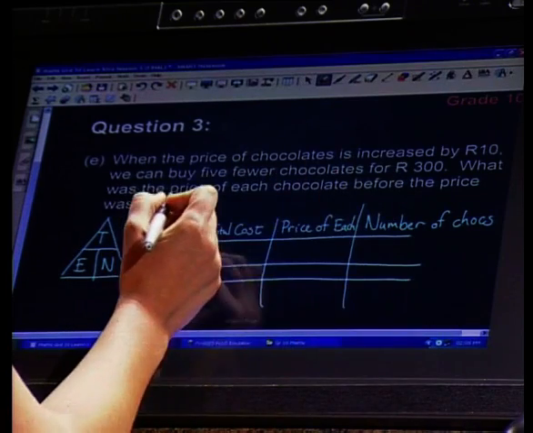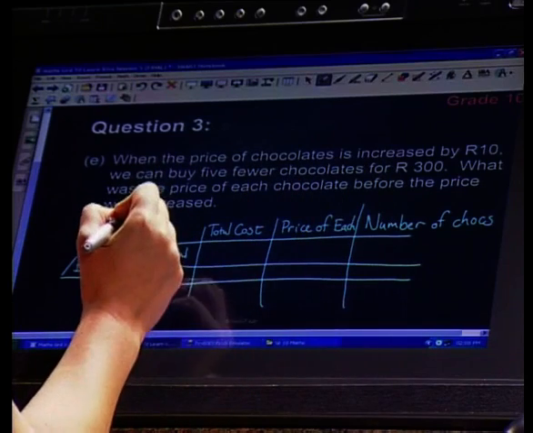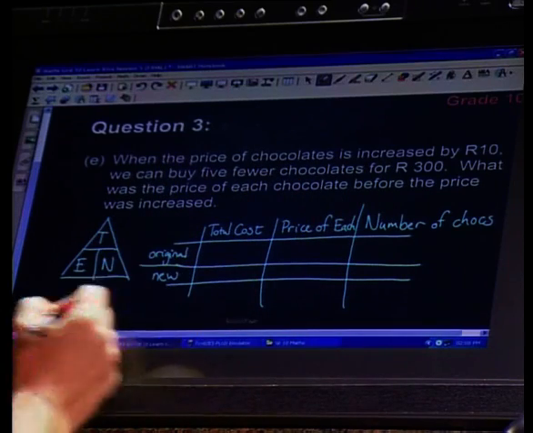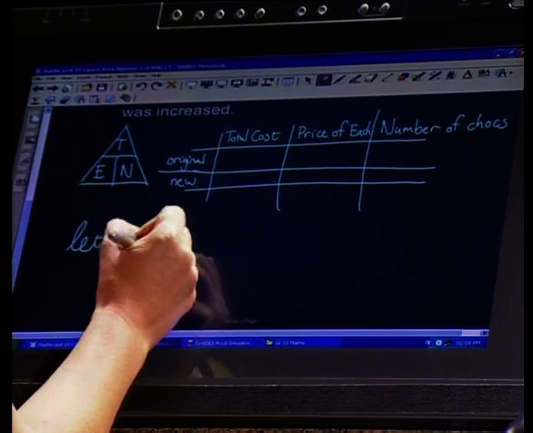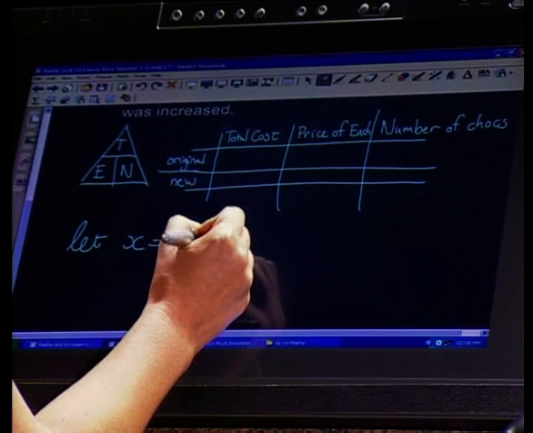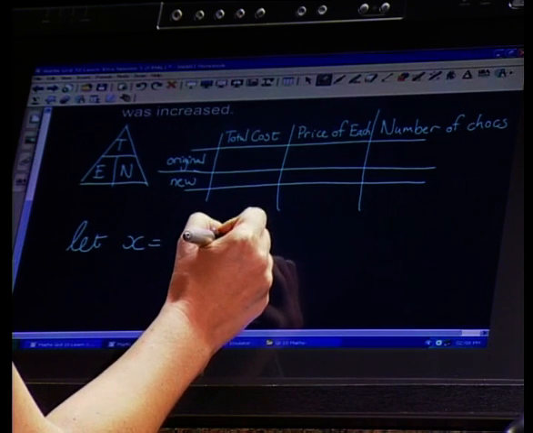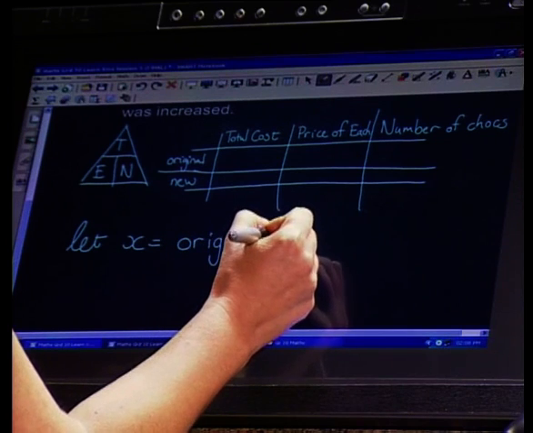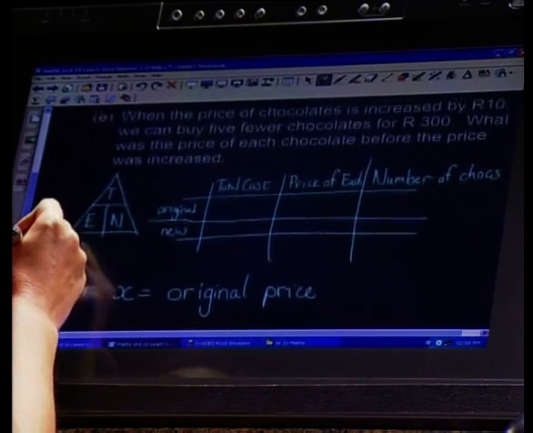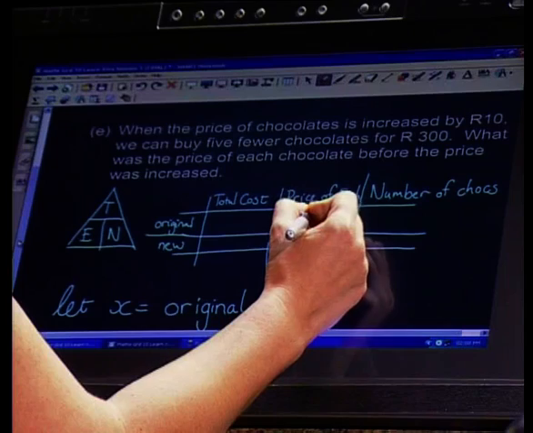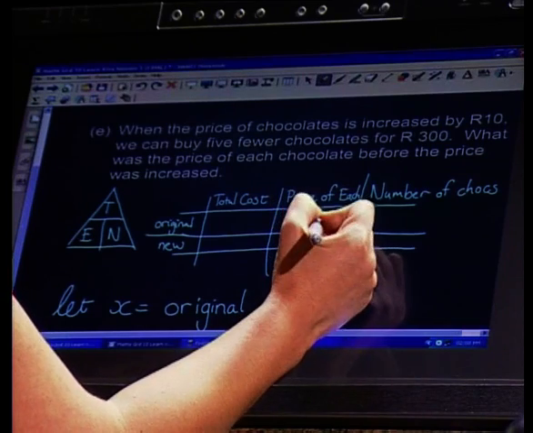They want to know the price before it was increased. So let's just write over here, let x equal the original price. And then the original price would be x.